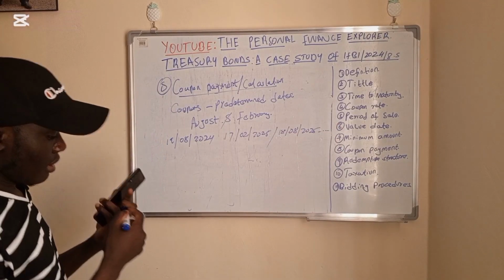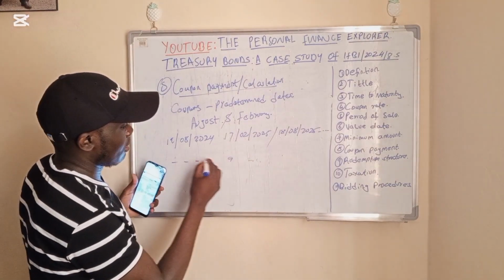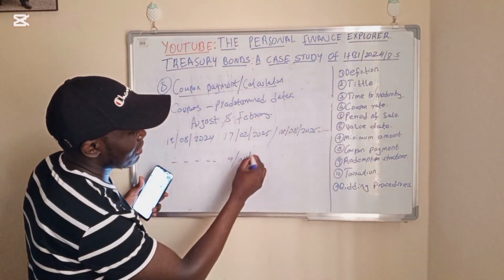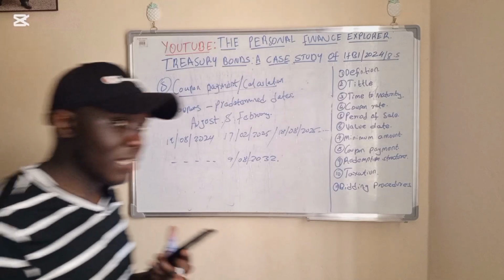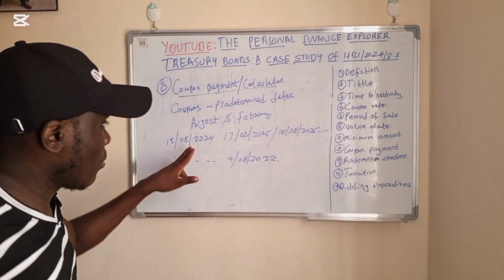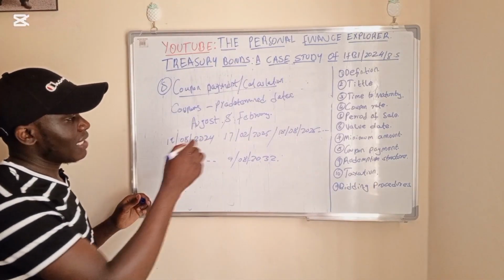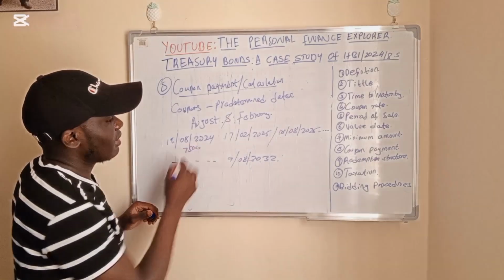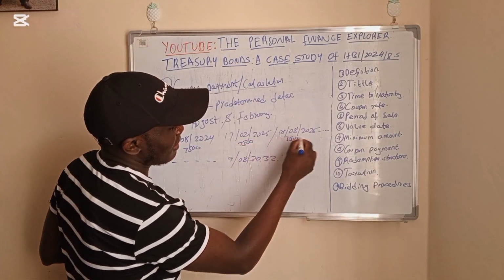Going on until the last coupon will be paid on the 9th of August 2032. So the interests are paid on predetermined dates, and you can see it is after every 6 months. So I am entitled to 15,000 per year. So here I receive 7,500. Here I receive 7,500. Here I receive 7,500.